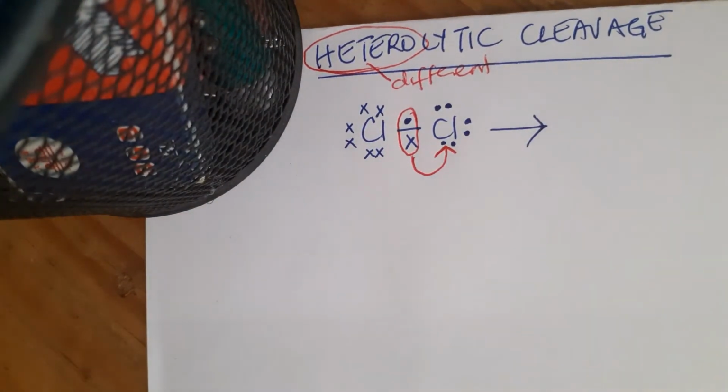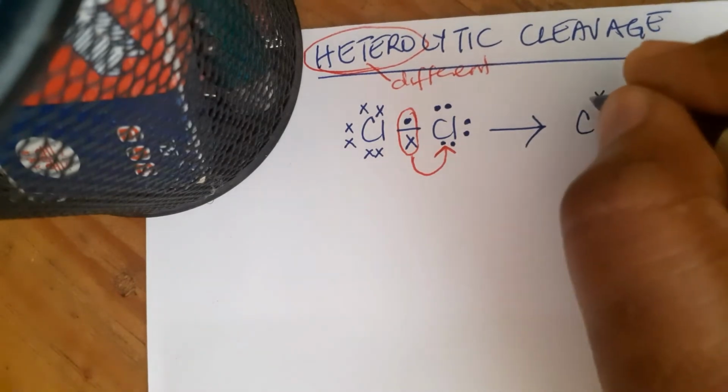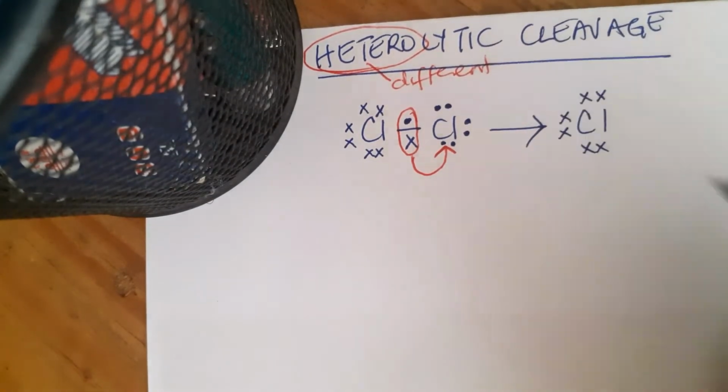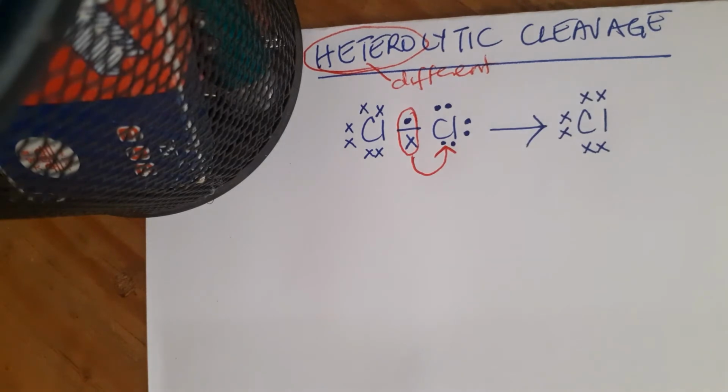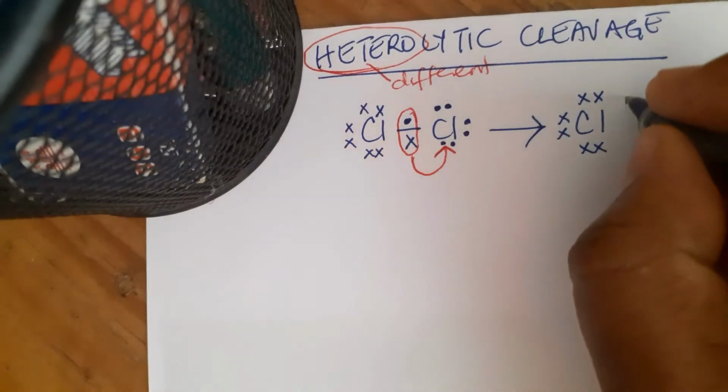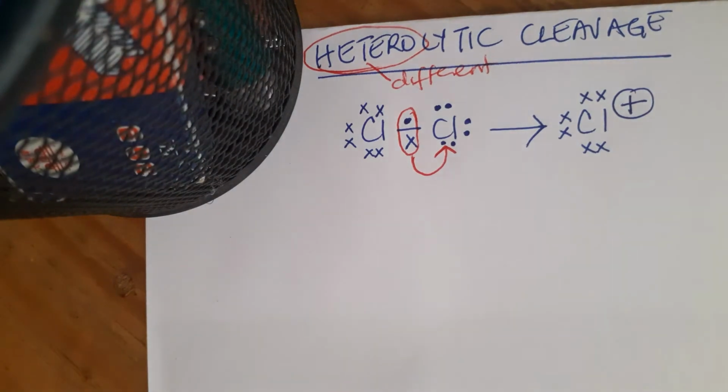Let's look at this first chlorine with the electrons represented as X's. When the bond breaks, it leaves without the 7th electron. So this chlorine now will have 6 electrons. It means it has 1 less electron than it had started with. When it was 7 electrons, it was neutral. Now it has 1 less electron, so that means it must have a positive charge.